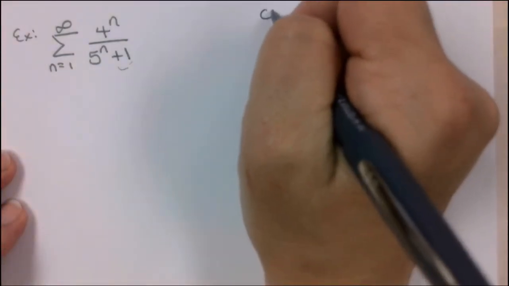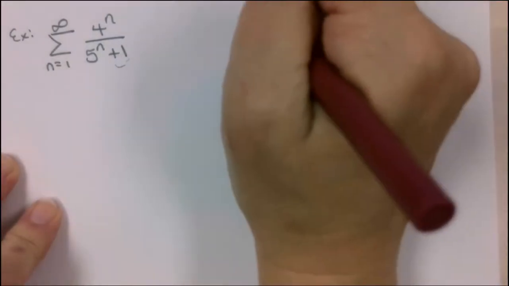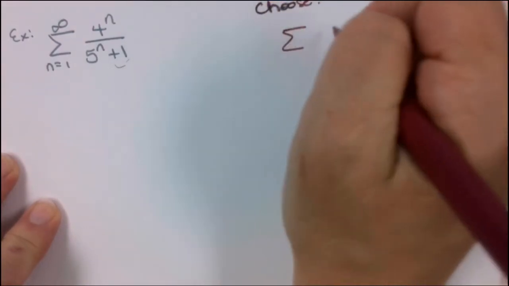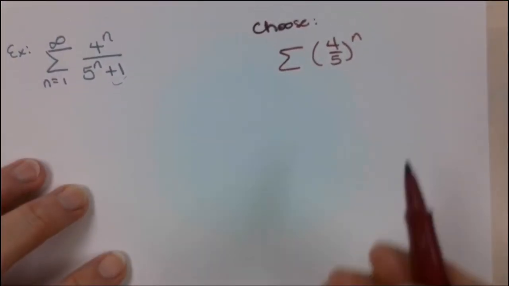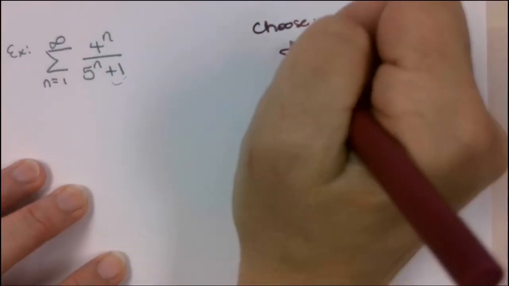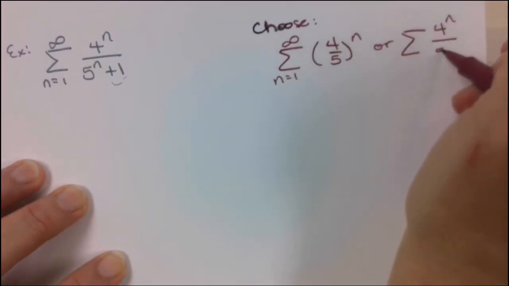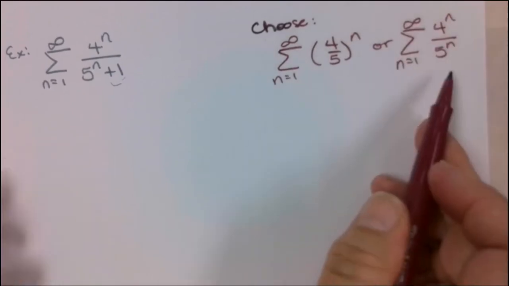So what we're going to do is choose, oh, I should switch colors for that. Sorry, let's get a different color for the choice. We're going to choose 4 over 5 to the n, or I could also write that as 4 to the n over 5 to the n, which obviously are the same thing.